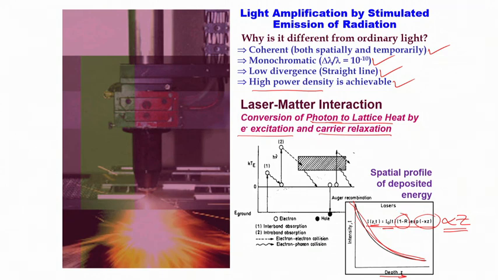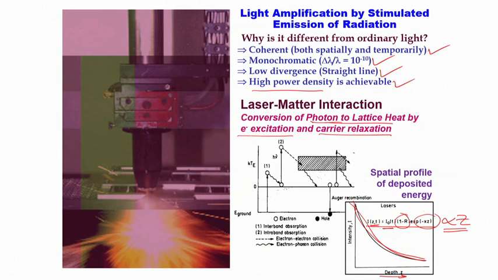Yesterday we discussed how we can reduce this reflectivity or improve the absorptivity of laser light, by going to a lower wavelength or creating certain absorbent coating or texturing on the surface and so on.